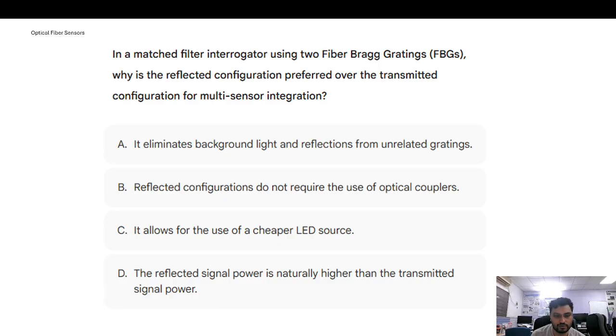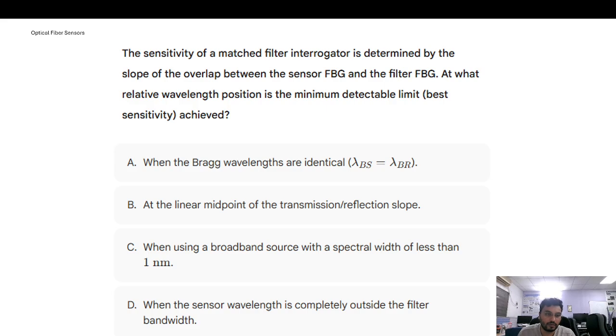C, it allows for the use of cheaper LED sources. D, the reflected signal power is naturally higher than the transmitted signal power. Let me know your answer. Option A, sir. So option A, it eliminates background light and reflection from the unrelated grating. Yeah, it's correct. Moving towards the next question.